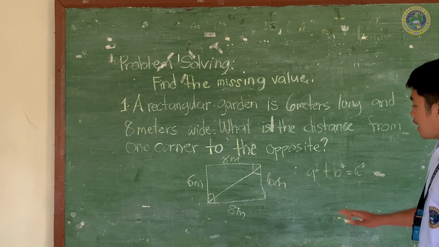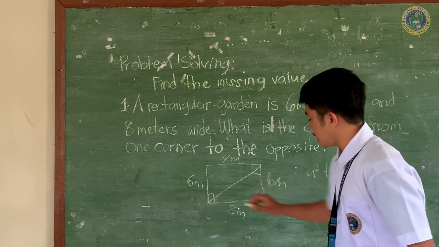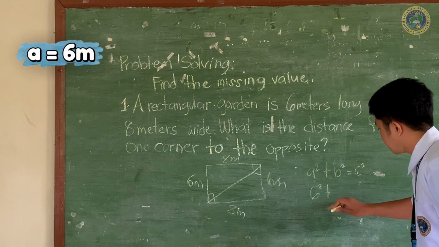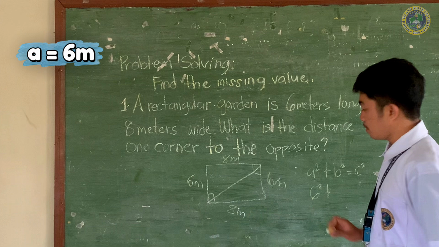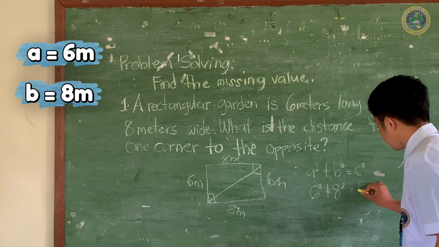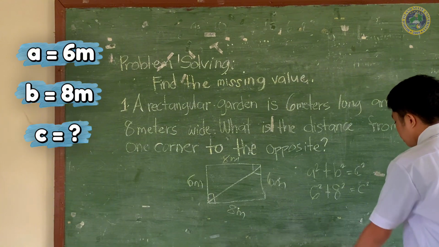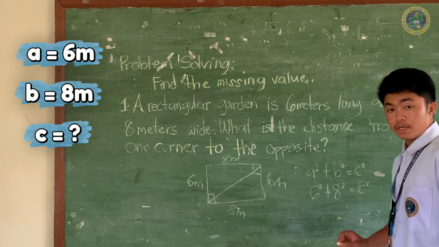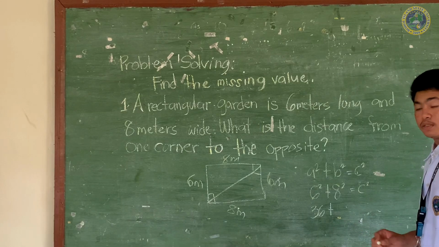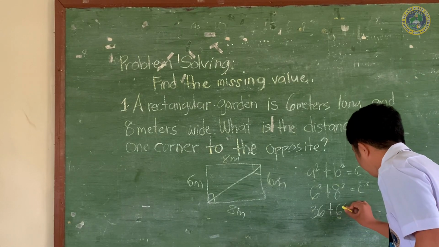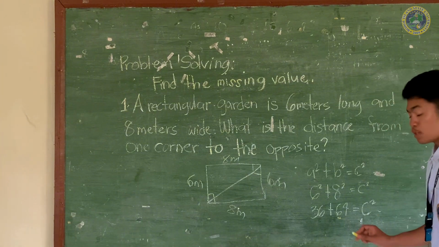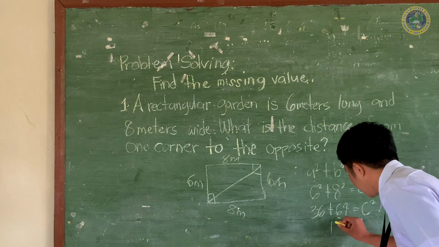We have here a squared, we have 6 squared plus our b is 8 meters, 8 squared is equal to c squared. Substituting, we have 6 squared, 36, plus 8 squared is 64, equals c squared. So 36 plus 64 is 100.